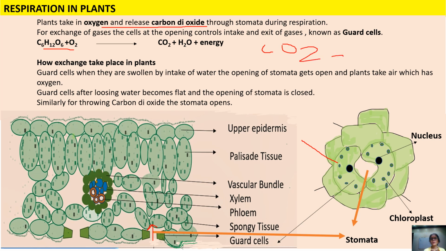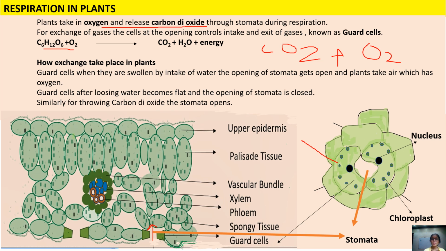But in daytime, they are also doing respiration. So they're taking oxygen and giving out carbon dioxide. So carbon dioxide, which is produced by plants during respiration, is consumed by the plants for doing photosynthesis, and there is no net release of carbon dioxide in the atmosphere during day.